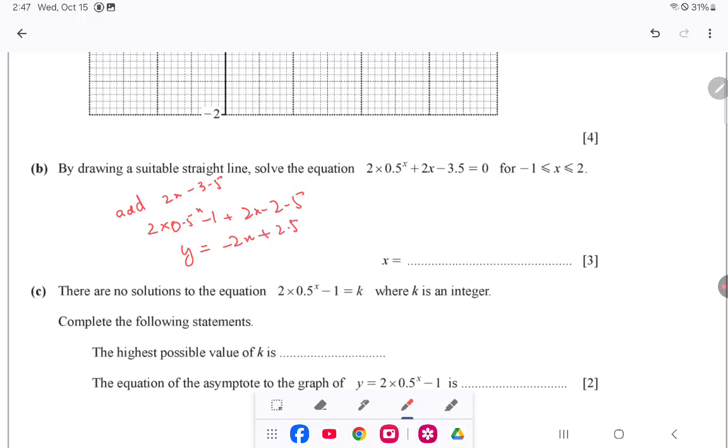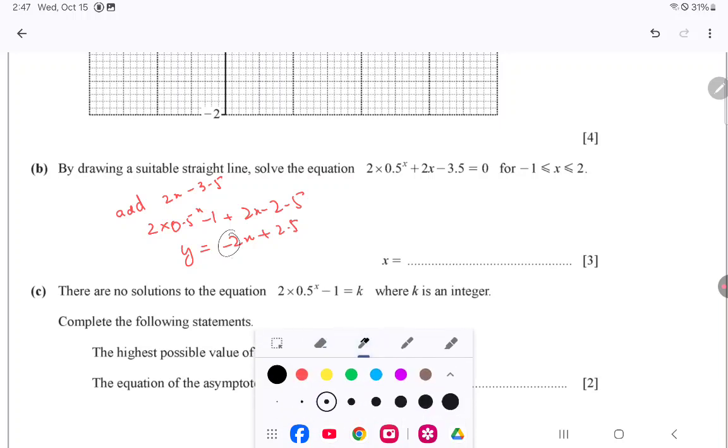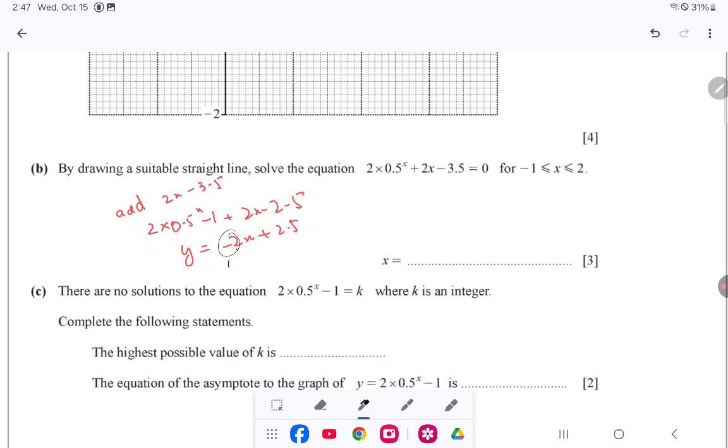Now this is our slope, which is change in y equal to negative 2 and change in x will become 1, and this is our c value 2.5.